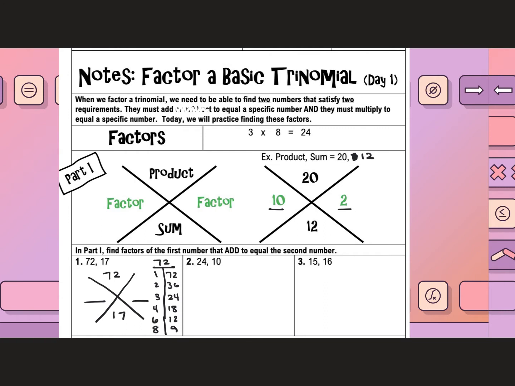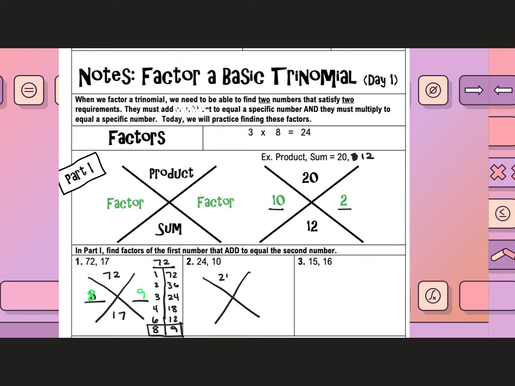All of these numbers multiply to give me 72, but I also need them to add to 17. So my factors are 8 and 9. When I multiply 8 and 9, I get 72, and when I add them together, I get 17.